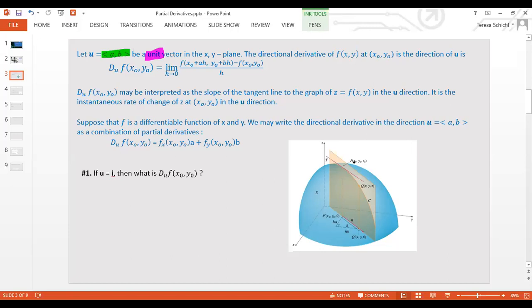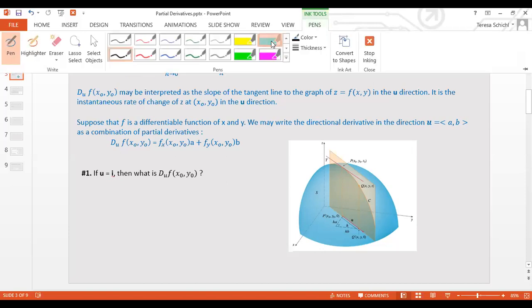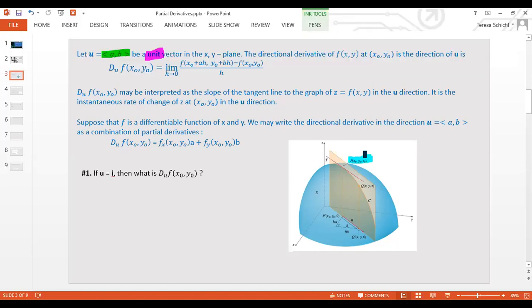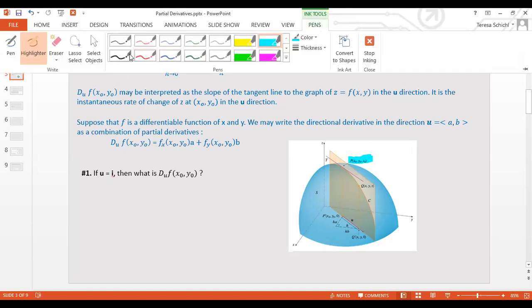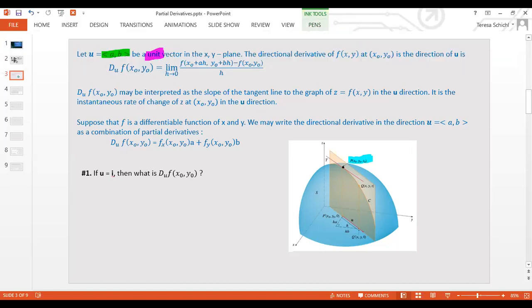At this point, you want to find the derivative of this golden curve. That's why your h here approaches 0.